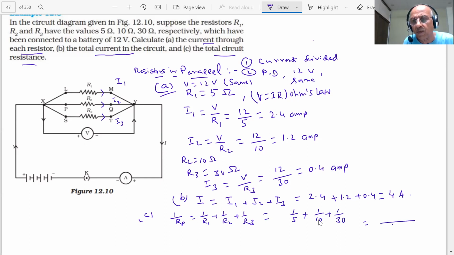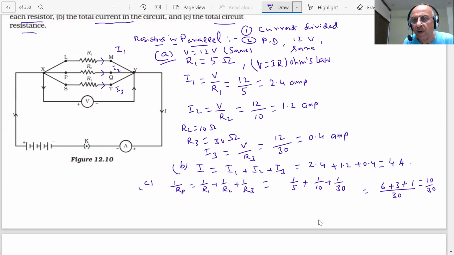How much will it come? 6 plus 3 plus 1, 10 by 30. Then what will be RP? 30 by 10, 3 ohms. Got the answer?